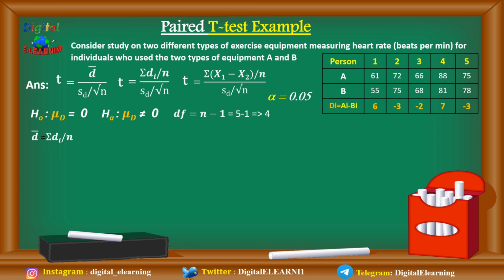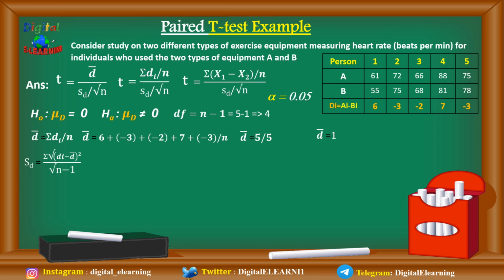Now we calculate d bar, that is the summation of di divided by n. So d bar is nothing but the differences: 61 minus 55 is 6, plus minus 3, plus minus 2, plus 7, plus minus 3, divided by n, and n is 5. If you add this and divide by 5, you get d bar as 1.